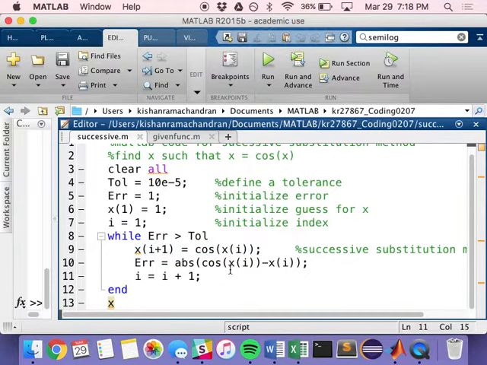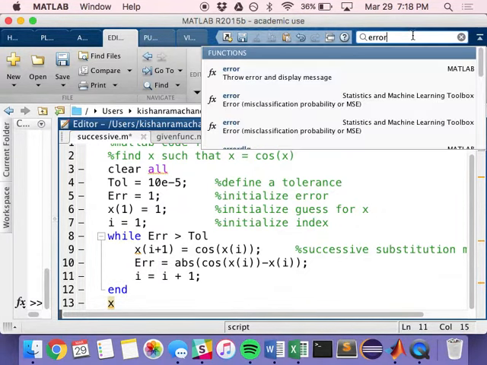And we have this error function. How do you write error? It's like this. There's an error function right here. Write error and then you can basically throw an error.